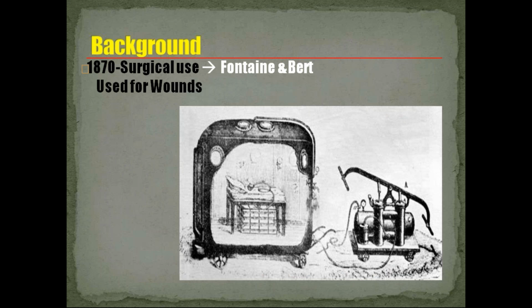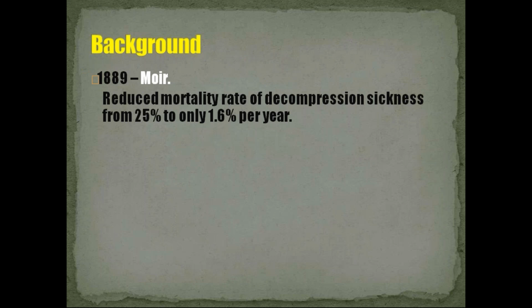In 1870, Fontaine and Bert used this hyperbaric oxygen for wounds. That is a surgical use. In 1889, Moir reduced the mortality rate of decompression sickness from 25% to 1.6% per year using this hyperbaric oxygen therapy.